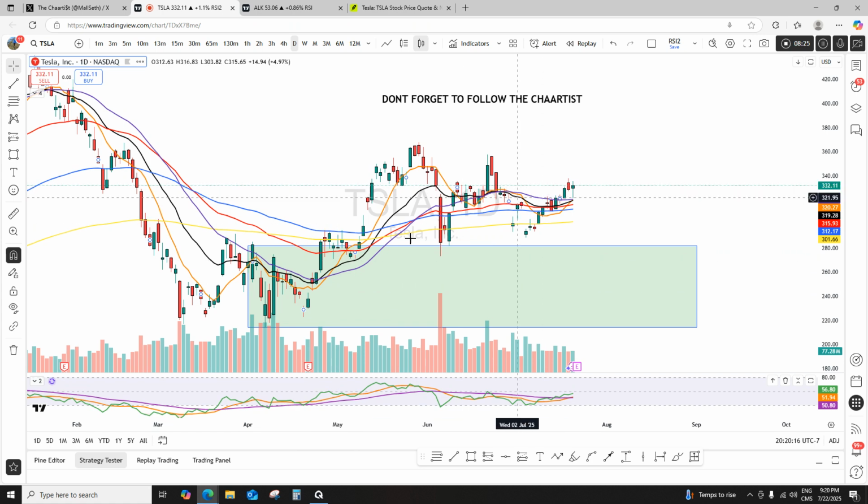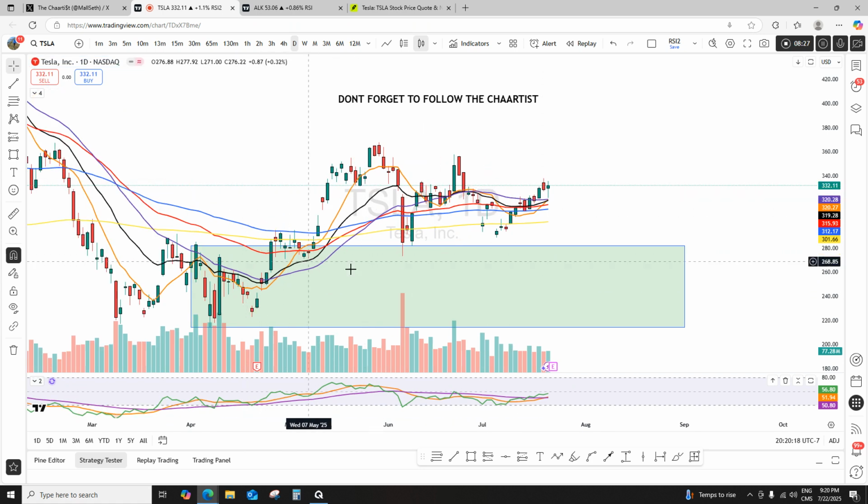This is what I planned when I entered here. And I'm telling you right now as well, if it falls from here, you are not supposed to touch it here. Even if price comes here and goes up, you are not supposed to touch it here. Very, very risky.